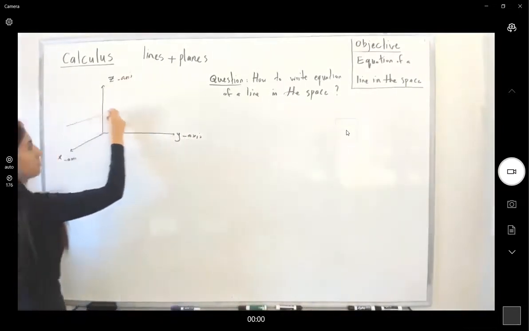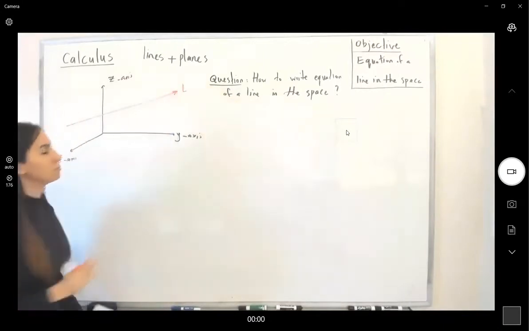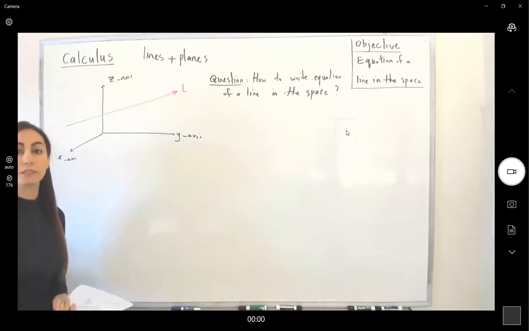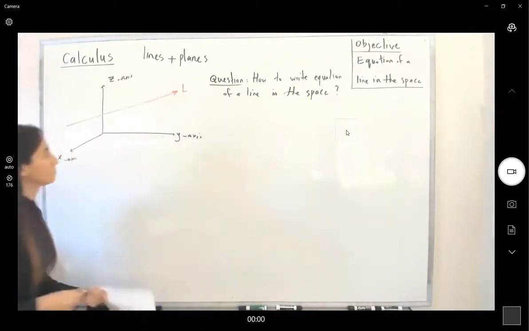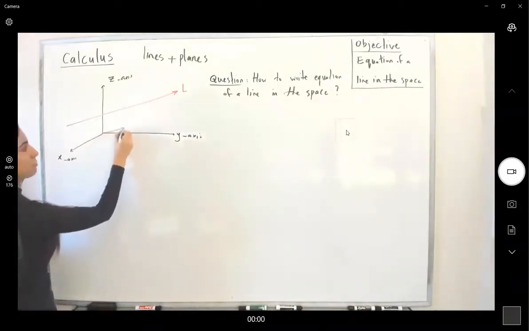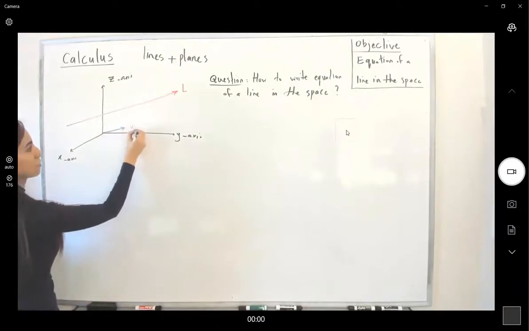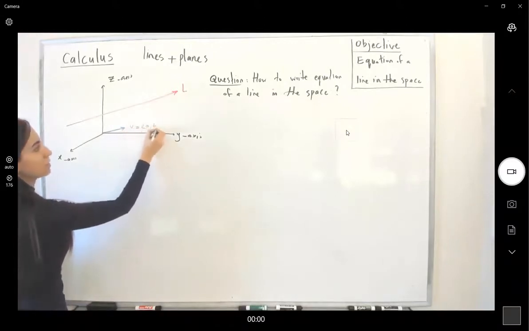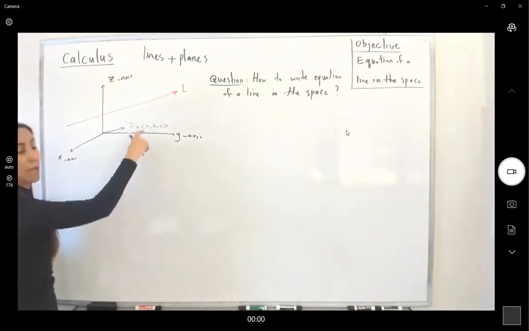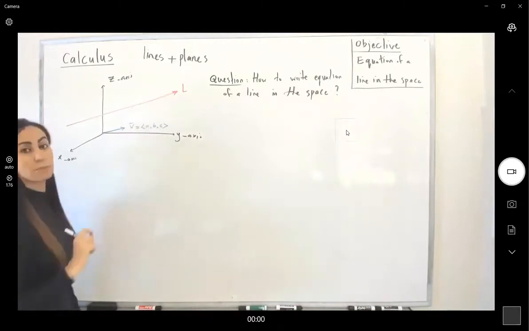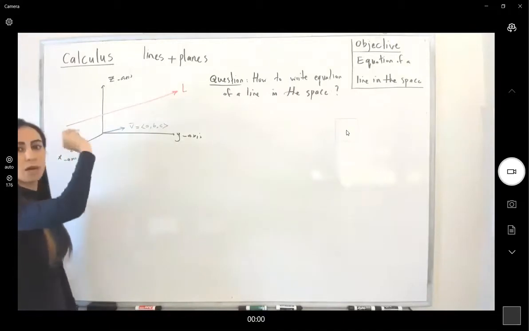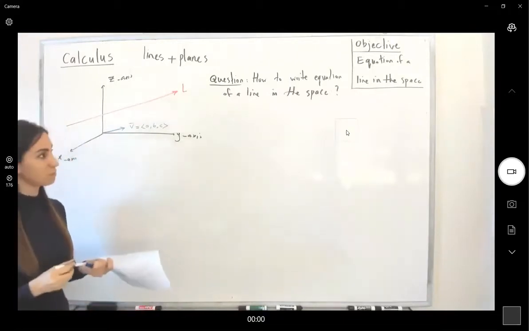This is your line L, and it is parallel to a known vector like V with components A, B, and C. Note that to show that I have a vector, I'm not using parentheses. I'm using a vector symbol, and I also put a bar on top of V.